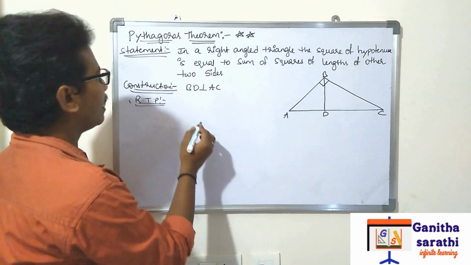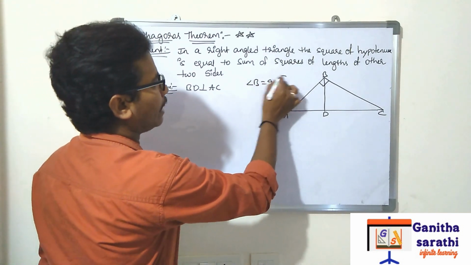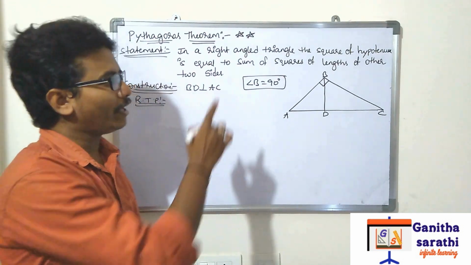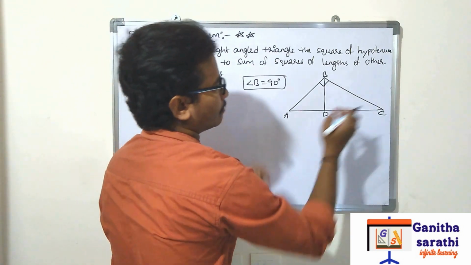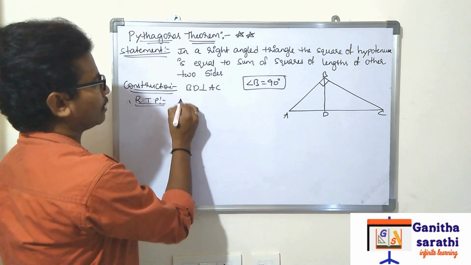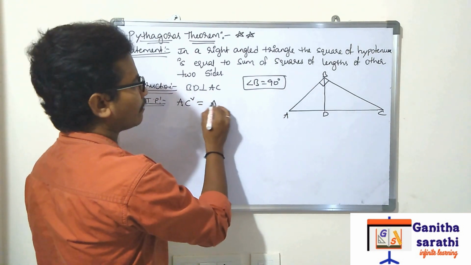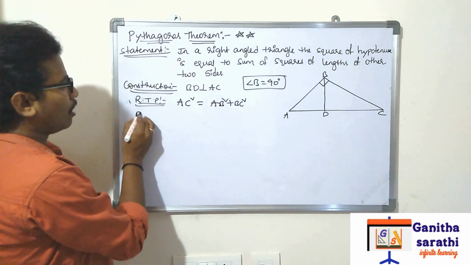Now I am taking angle B equal to 90 degrees, right? If angle B is equal to 90 degrees, then what will be the hypotenuse in that right angle triangle? Hypotenuse will be AC. AC square is equal to AB square plus BC square. We have to prove this. How will we prove it?